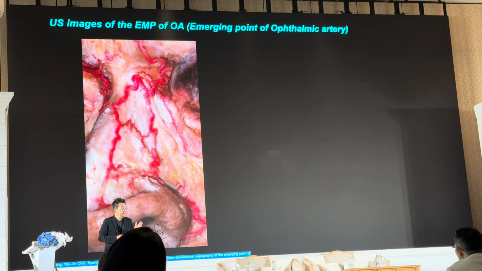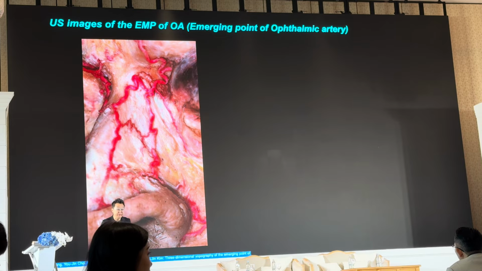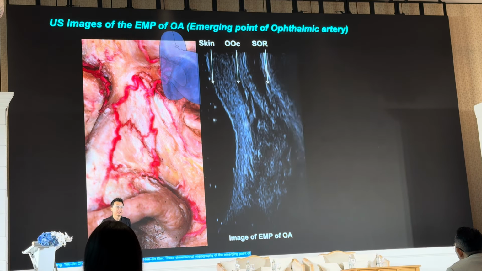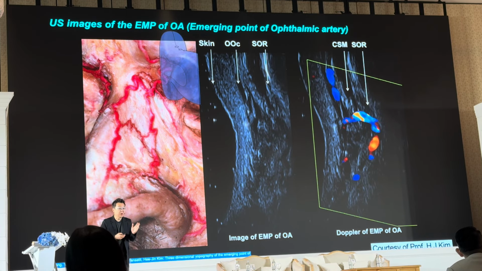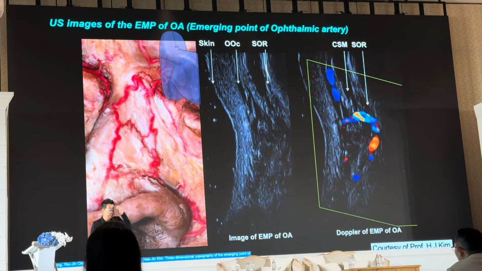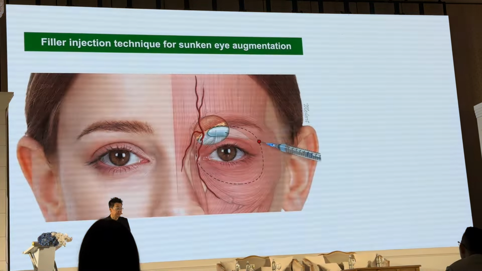Only one thing: the emersion point of the ophthalmic arteries is the most dangerous point in our face. So it should be avoided. But unfortunately, during the subcision techniques, sometimes you can hit these areas. You can constantly observe this under ultrasonography in patients, even volunteers, even cadaver specimens. These are very important structures, the forehead vessels.